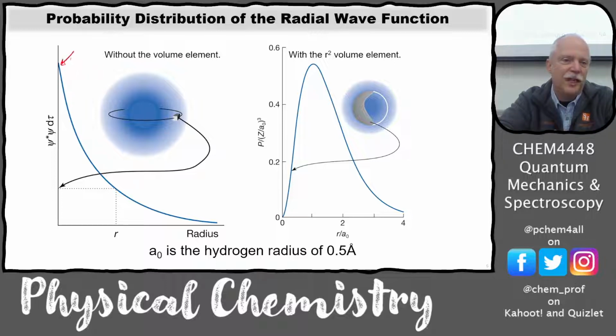The reason you need to take into account the volume element, remember this is the wave function for the electron. If I square that wave function, I have the most probable position of that electron. And what is this telling us? Where is the most probable position of the electron? What is radius? That's distance from the nucleus.